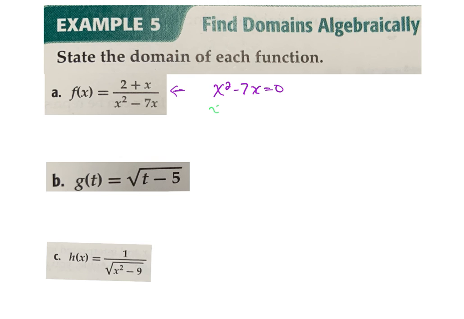I can take an x out. X minus 7 equals 0. If I have two things multiplied together to get 0, one of them has to be 0. So either x is going to be 0 or x minus 7 is going to be 0. So I know there are two numbers that could cause a problem. 0 can cause a problem and positive 7 can cause a problem. I know that x cannot equal either one of those.